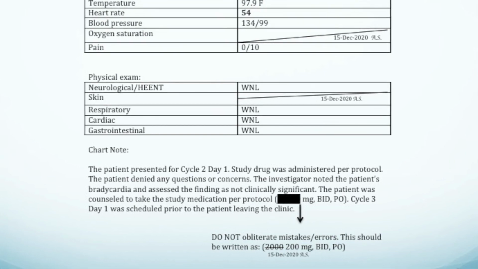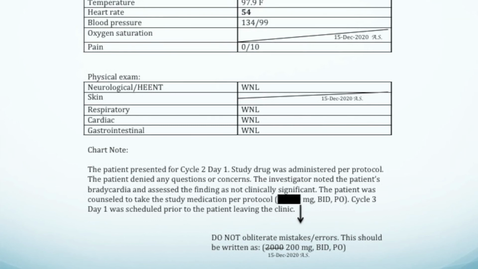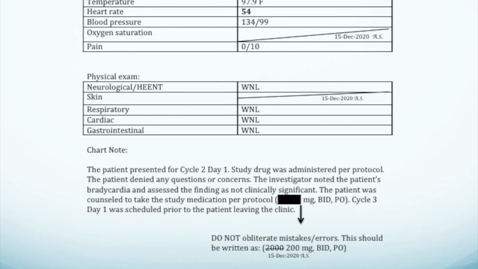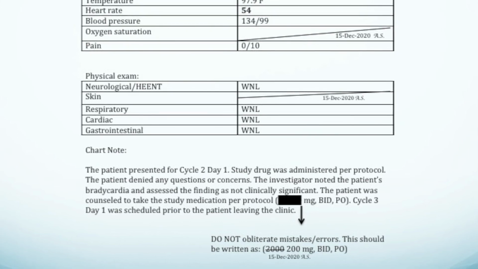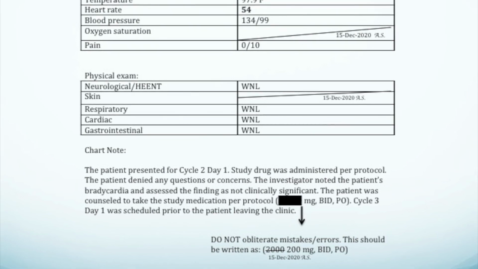And here I have an example of what not to do. You don't want to just totally obliterate an error. It should be written as a single line through the error, and then the correction written beside it with the date and the initials of the person who made the correction.